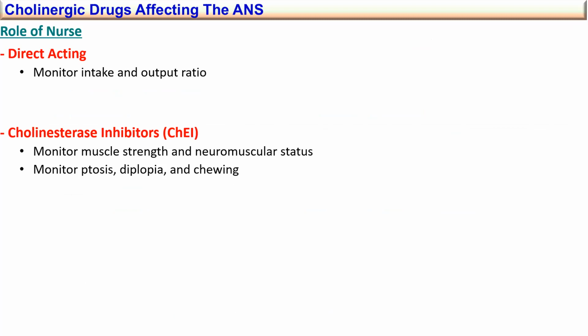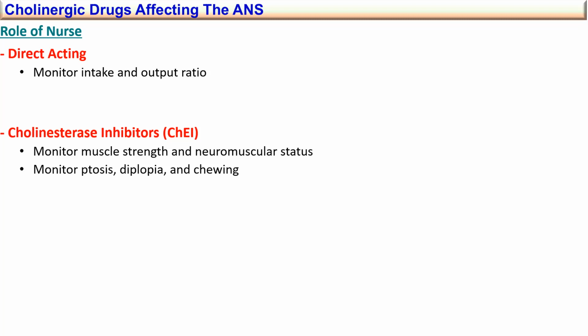So the role of the nurse in providing care to patients on cholinergic drugs affecting the ANS: monitor the intake and output ratio, blurred vision, and orthostatic hypotension. That's for direct acting.